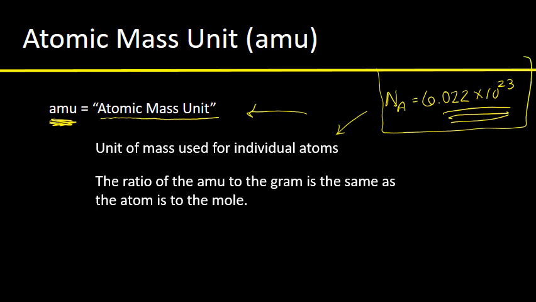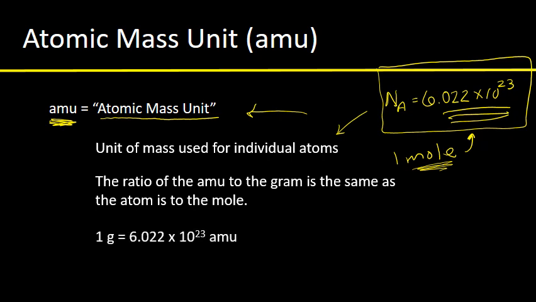So when we are measuring macroscopic quantities of substances, we talk about them in terms of moles, and 1 mole of a substance is 6.022 times 10 to the 23rd atoms of that substance, or 6.022 times 10 to the 23 molecules of that substance, depending on whether it's an atom or a molecule. And so the ratio of the number of atoms in a mole is the same as the ratio of AMUs to grams.